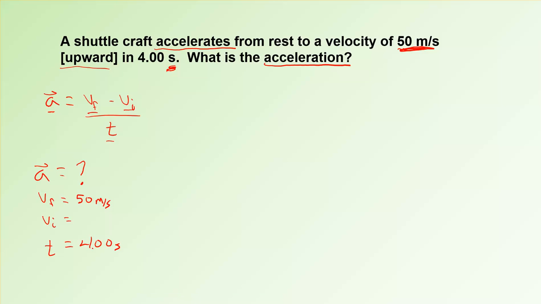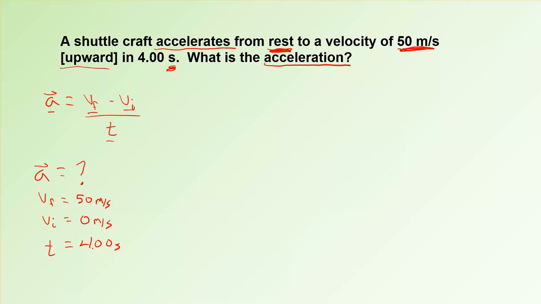4.00 seconds. One thing that might throw a few people off is that they've only got two numbers and they think they need three things to figure out the acceleration. Well, we have our VI. It comes from the fact that our object was at rest. At rest means that it started at 0 meters per second.